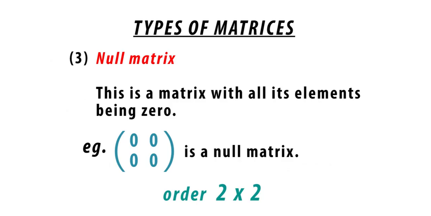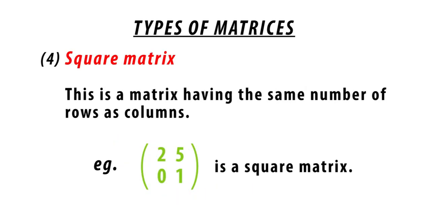Let's take the fourth type. We have the square matrix. The square matrix is a matrix having the same number of rows as columns. Example, the matrix 2, 5, 0, 1 is a square matrix.